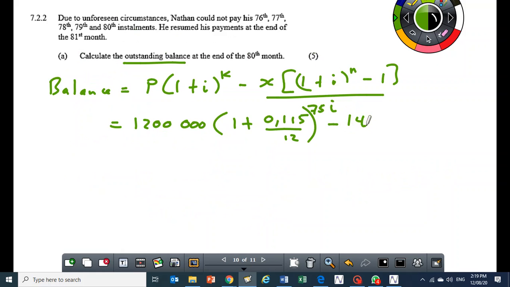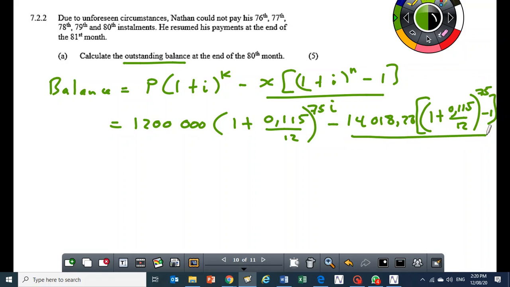So 14,018 and 28 cents times (1 plus 0.115 over 12) raised to the power of 75, minus 1, all over 0.115 over 12.